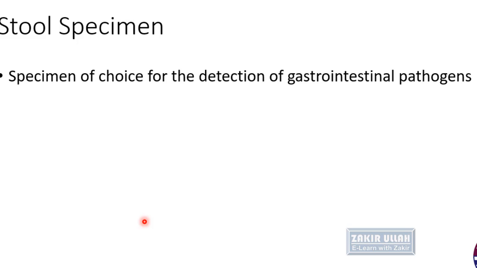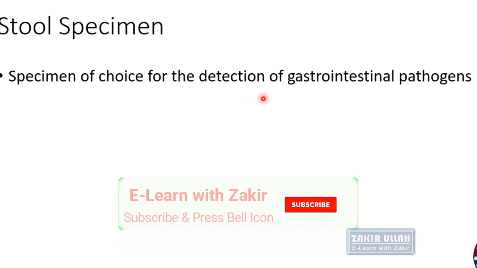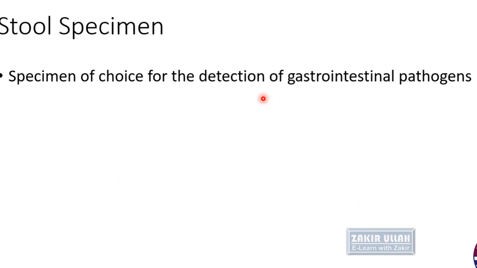Our third specimen is the stool specimen. It is the specimen of choice for the detection of gastrointestinal pathogens, which cause diseases in our gastrointestinal tract, small intestine, large intestine, or stomach infections.